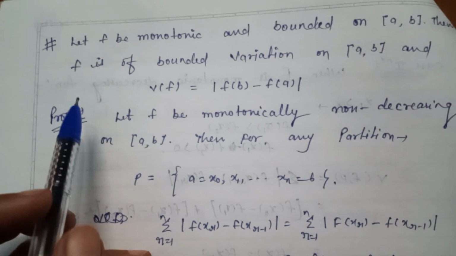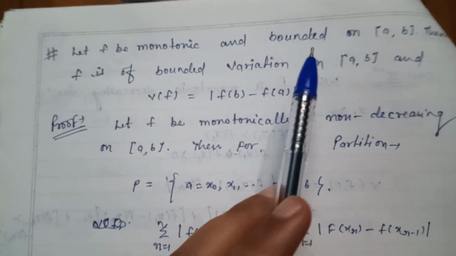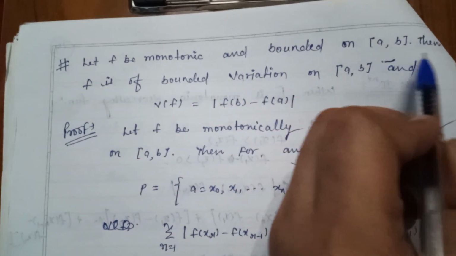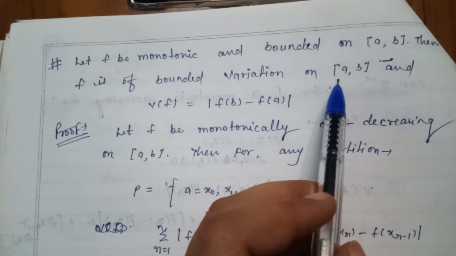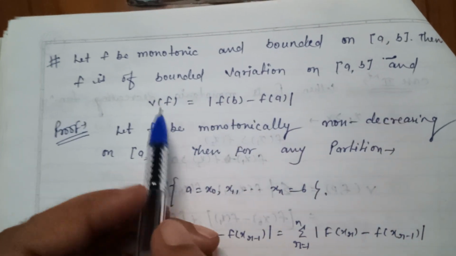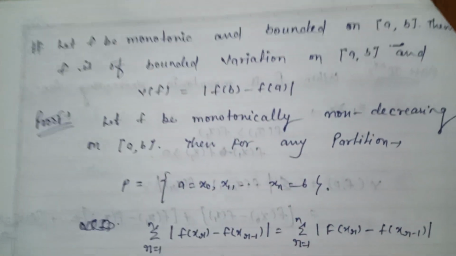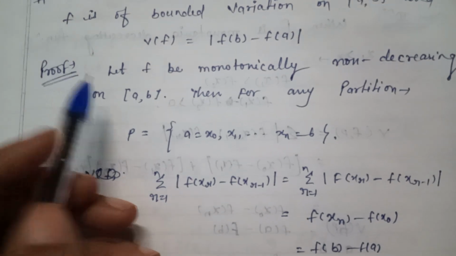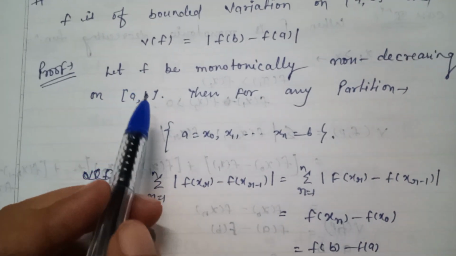Now, there is another example or theorem. Let f be monotonic and bounded on the closed interval [a, b]. Then f is of bounded variation on the closed interval [a, b], and V(f) = |f(b) − f(a)|. Let's see its proof. Let f be monotonically non-decreasing on the closed interval [a, b].